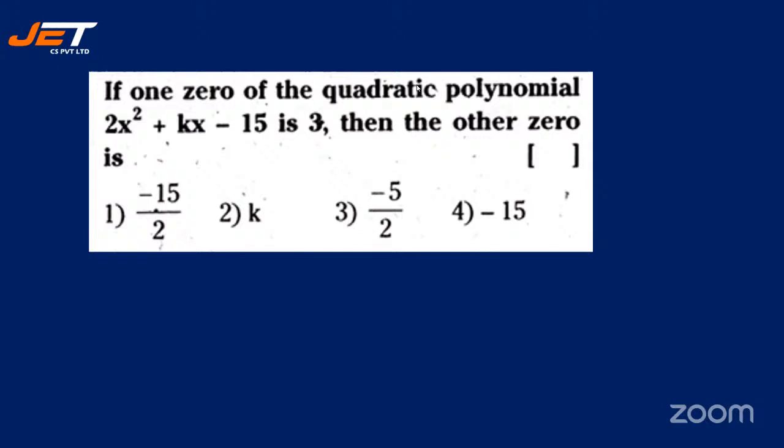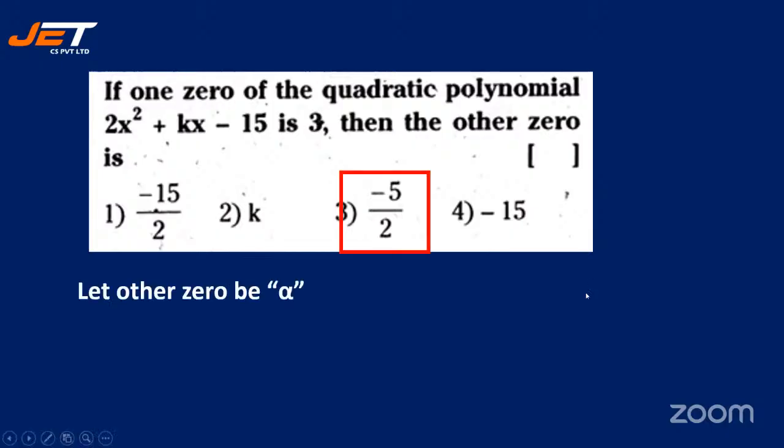Navatej has given me the right answer. I still have Harshita, Pranita, Rahul, Satvika, Varshini not answering. Okay. Right, and here it is minus 5 by 2.